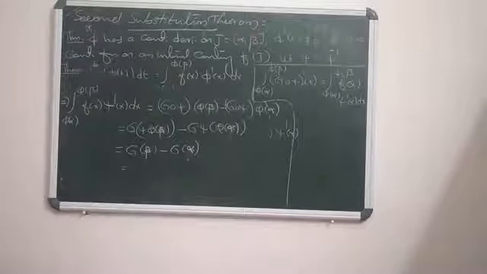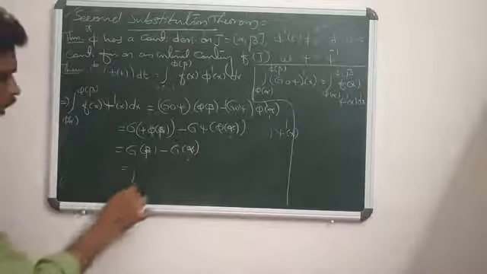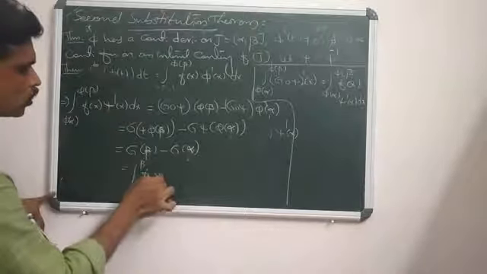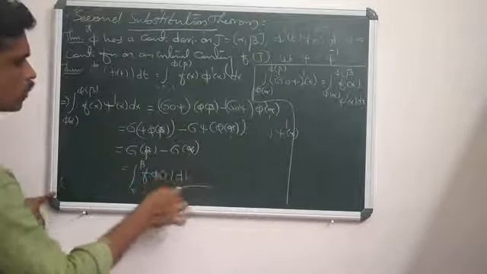G of beta minus G of alpha. But what is G of beta minus G of alpha? That equals integral A to B, or integral alpha to beta, of f of phi of t dt. That is what we will use.